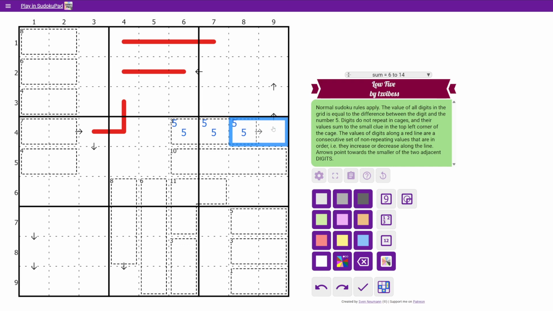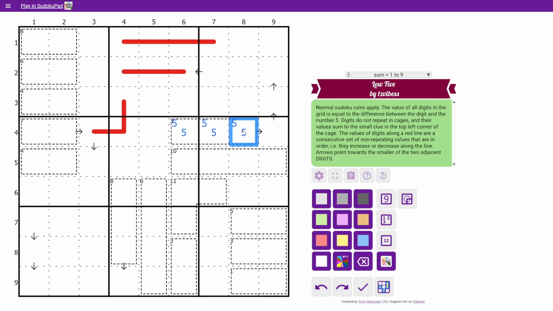Ah, these are like a run of 4. So if the highest number this was going to be was a 7, I think. Arrows point towards the smaller of the two adjacent digits. Yeah, so 7, 6, 5, 4.